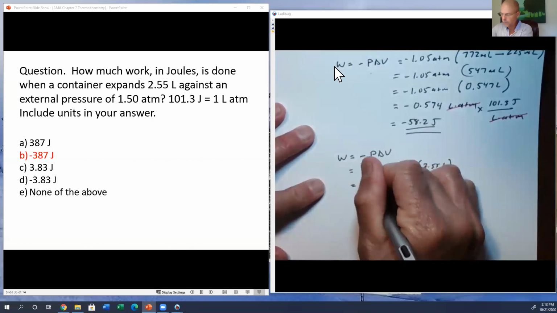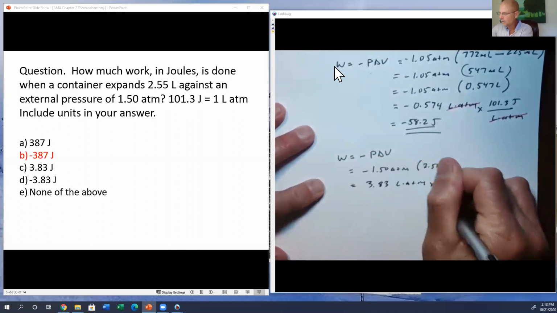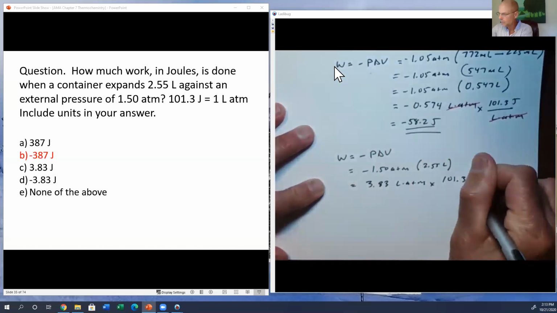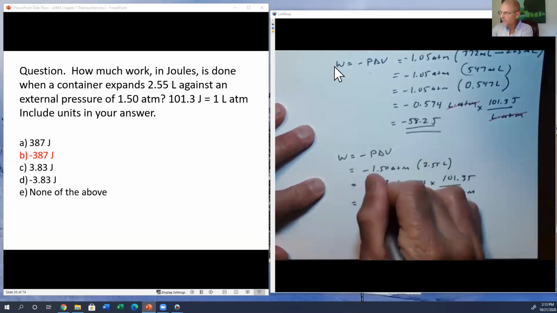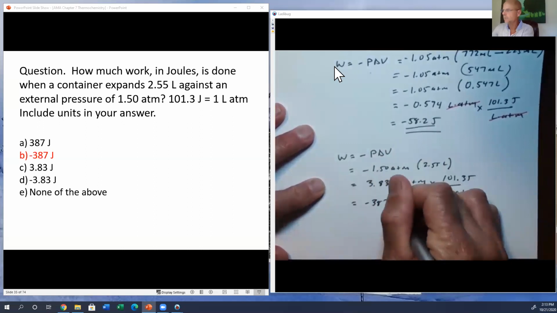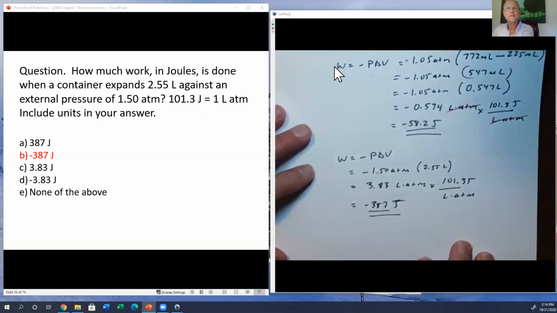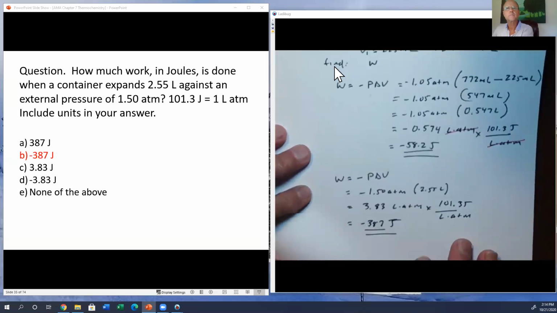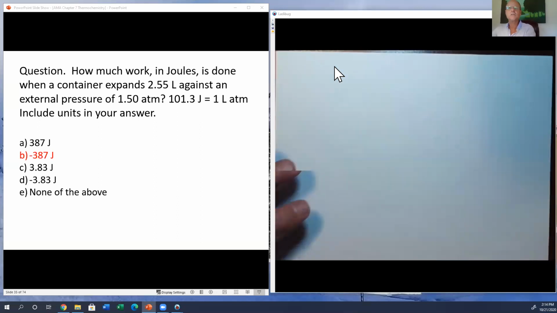That gives you 3.83 liter atmospheres. And then you multiply that by 101.3 joules per liter atmosphere. And that gives you negative 387 joules for the answer. All right. Does that make sense? Any questions?